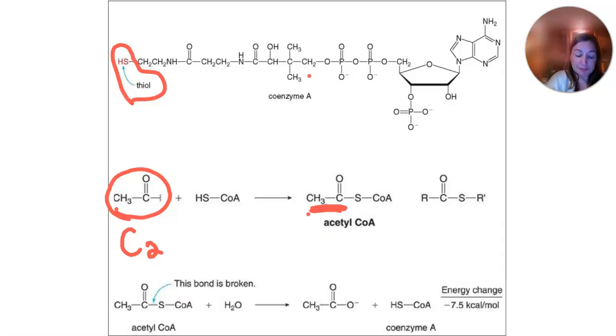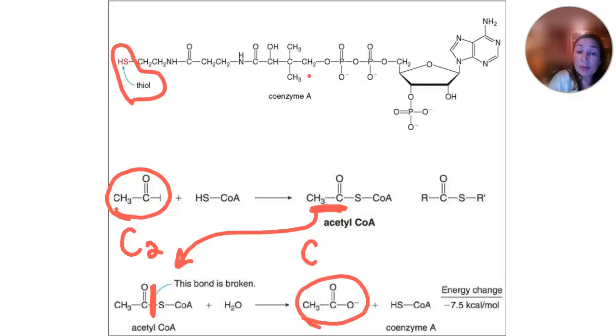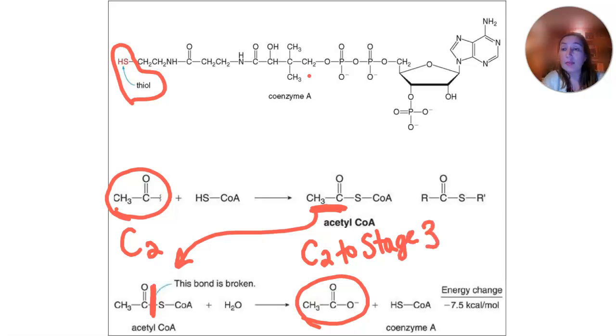And then what happens is, if we continue to look at what happens to acetyl-CoA, this bond between the 2-carbon acetyl group and the sulfur can be broken to free up this 2-carbon piece. And that 2-carbon piece, this C2 in the end, which here we've got CH3 bonded to C, double bonded to O, and that C is bonded to an O minus, that 2-carbon piece, that's what's going to go to stage 3, to the citric acid cycle or the Krebs cycle.